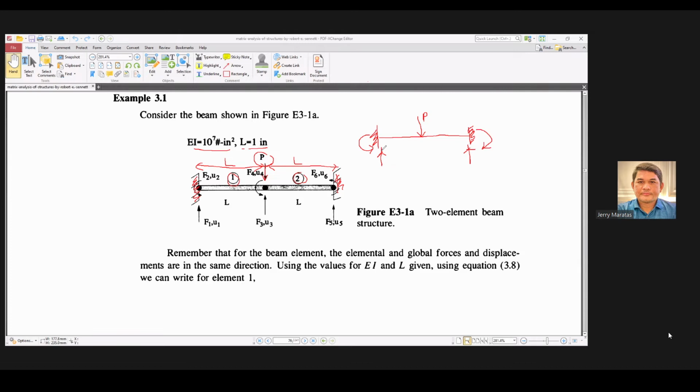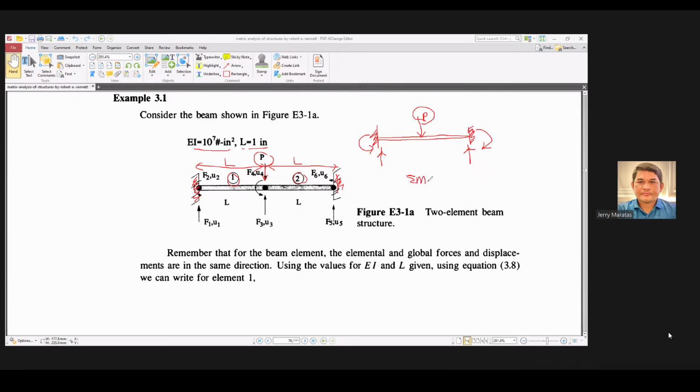If we consider static determinacy, there are only 2 equilibrium equations for a beam. It's not 3, because remember, a beam has no axial stress, and the load on the beam must be applied perpendicular to the beam's axis.